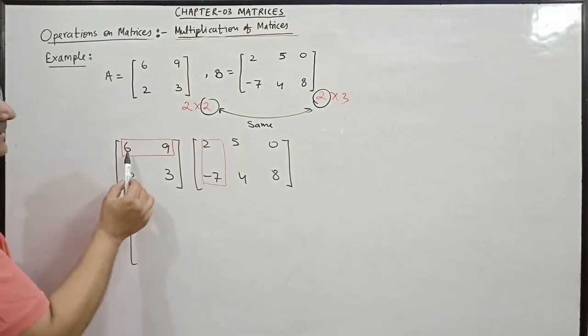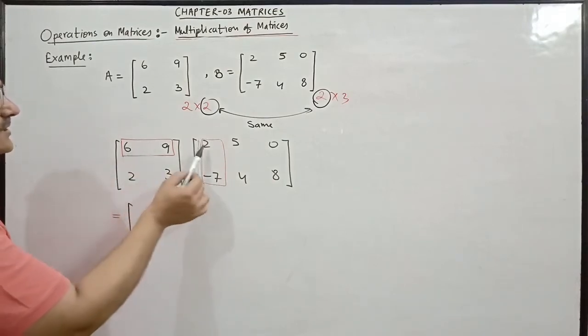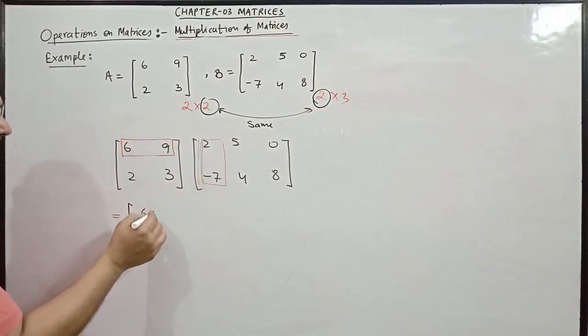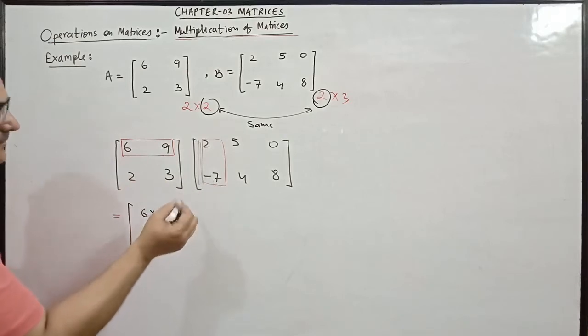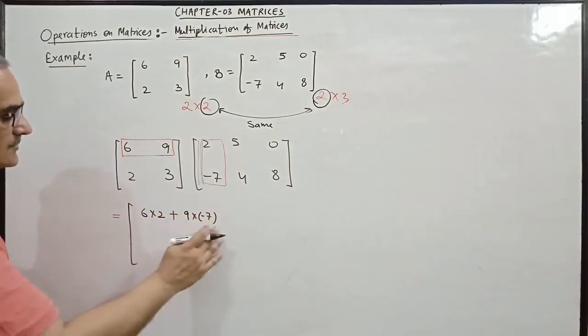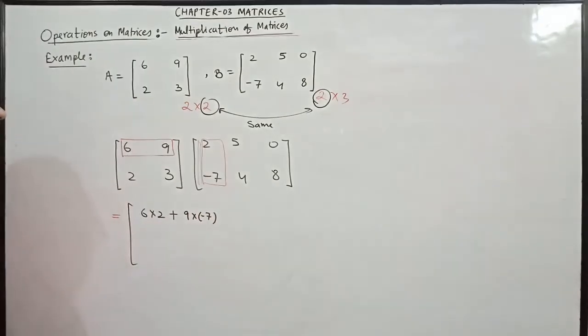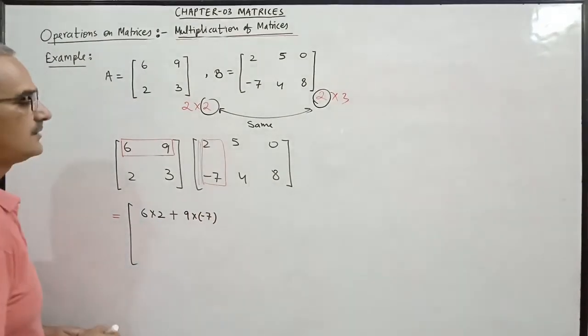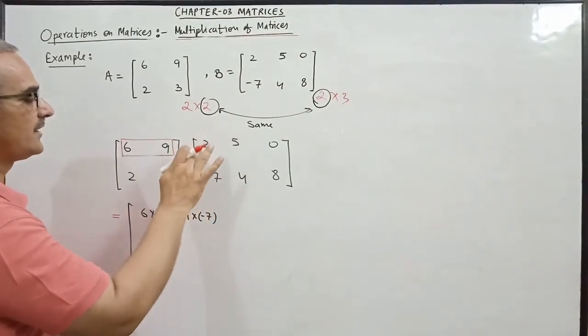So we have to multiply the first row by the first column, their corresponding elements. So 6 multiplied by 2, plus 9 multiplied by minus 7. That will be the first element of this product. Now we'll take the second column of the second matrix.